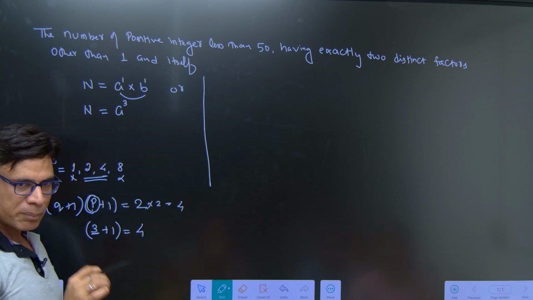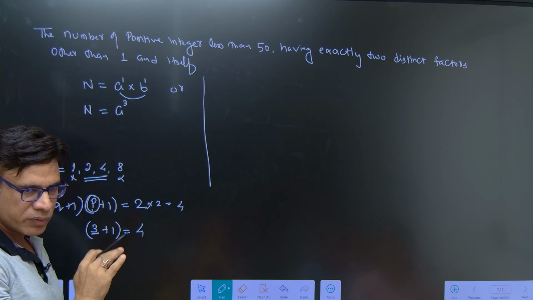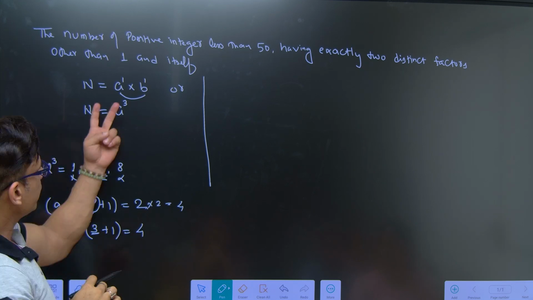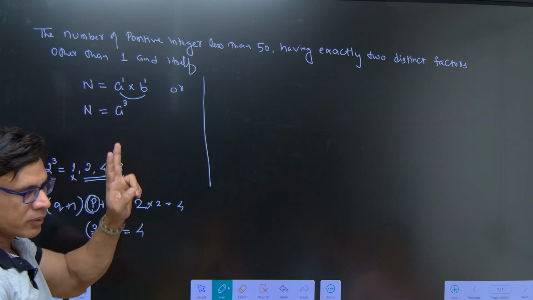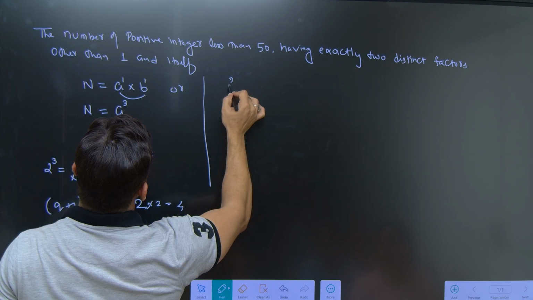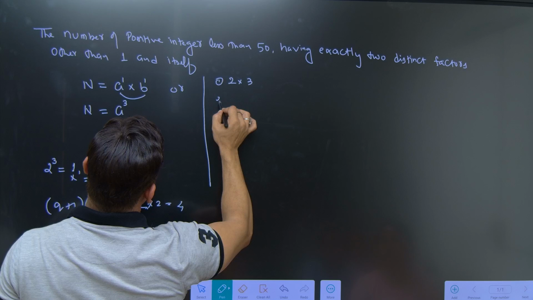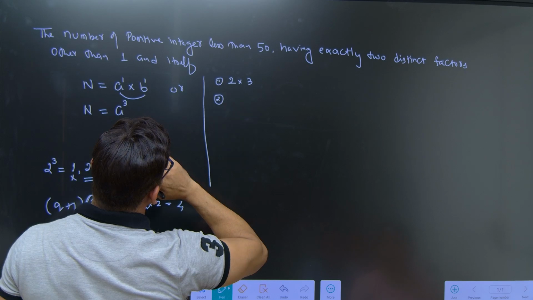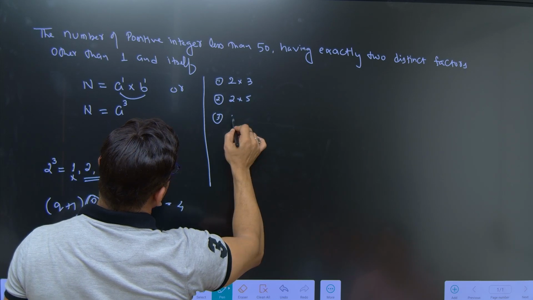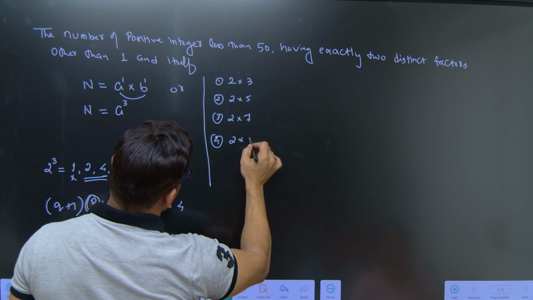What are the possible numbers from 1 to 50 which you can write as a product of 2 prime numbers? First you can have 2 into 3. That's one number, yes? Second number 2 into 5, very good. Third number 2 into 7. Fourth number 2 into 11.